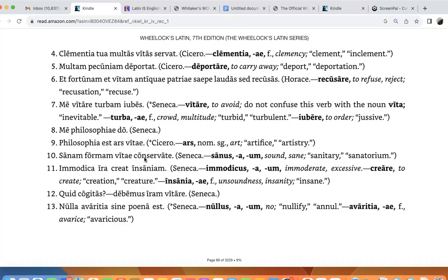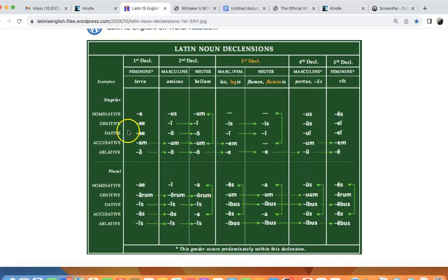And what is it you're trying to conserve or to keep safe? A sane form of life. In other words, keep your sanity. So literally keep a sane form of life. I do tend to keep my translations literal so we can understand the grammar. AM, of course, is our direct object.